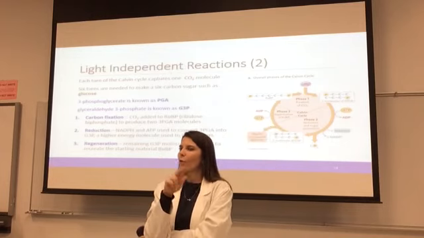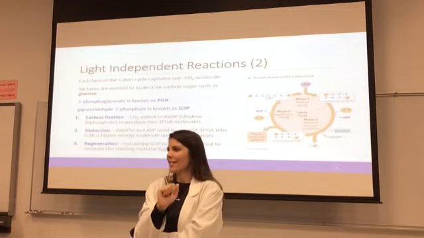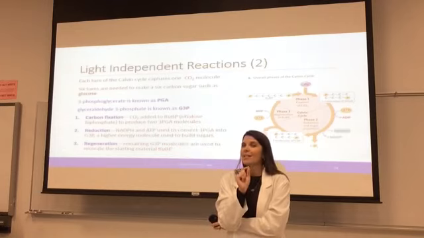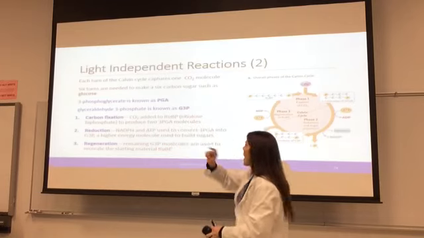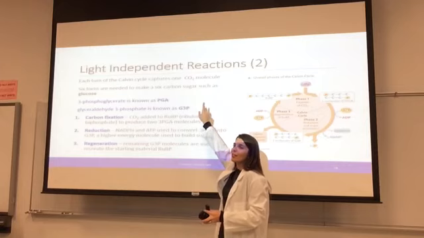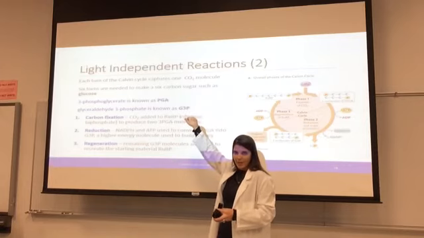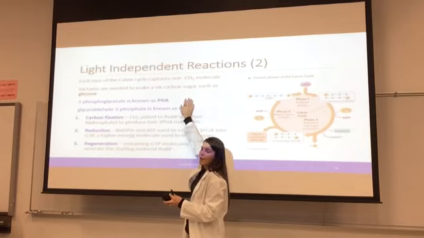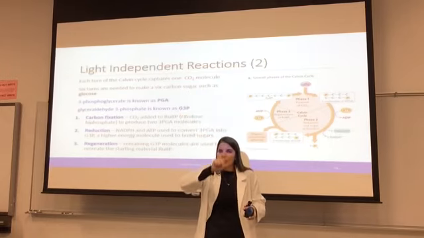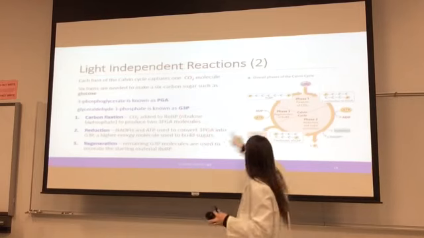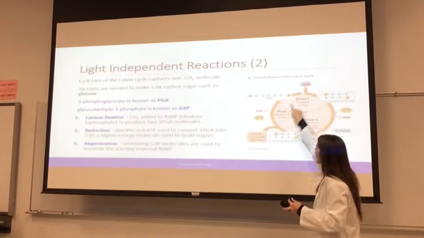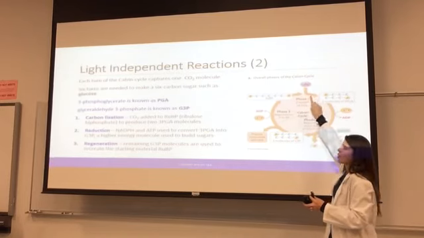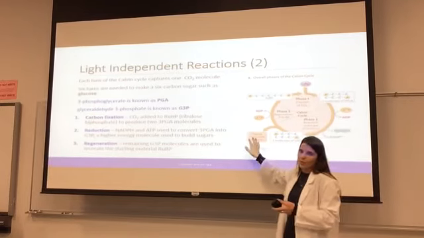What's the molecular formula for glucose? C6H12O6. Fantastic. So in order to get 6 carbons, I am going to need 6 carbon dioxides, because there's 1 carbon in each carbon dioxide. So this cycle has to go around 6 times in order for me to turn carbon dioxide all the way into glucose.